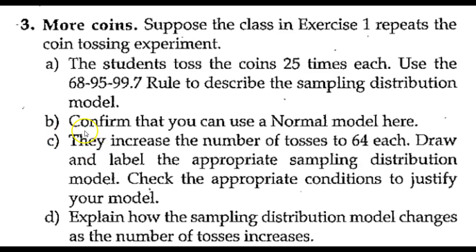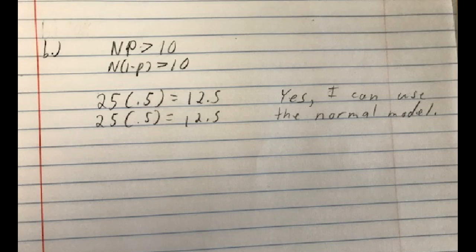All right, here on part B, we see that we need to confirm that we even can use the normal model here. And so to determine here, we need to determine whether or not we meet the 10 failures, 10 successes rule, correct? So what we need to do first is we start out by multiplying the number of values within our sample set, times our probability, and that has to be greater than 10.